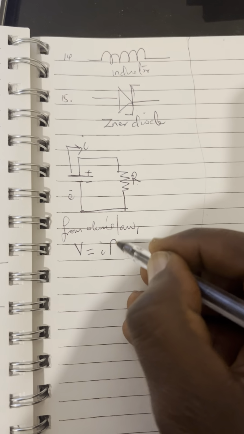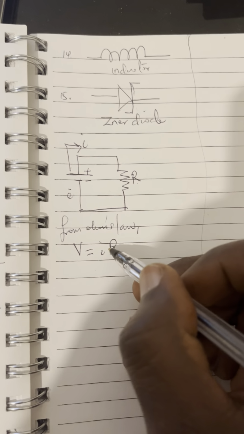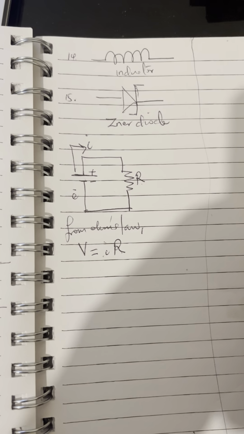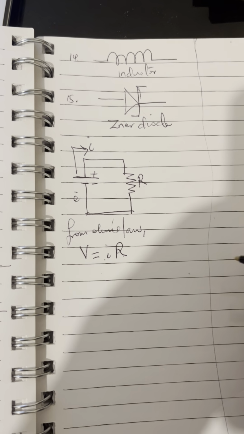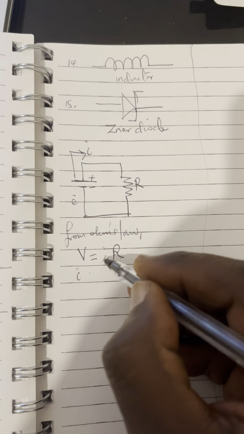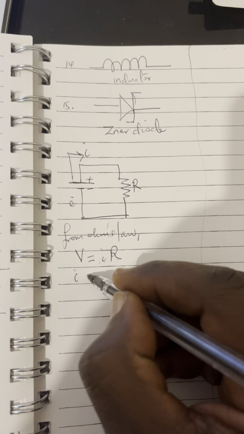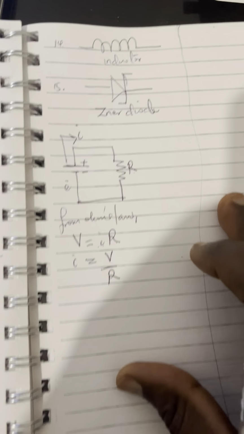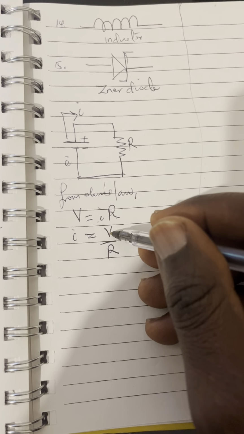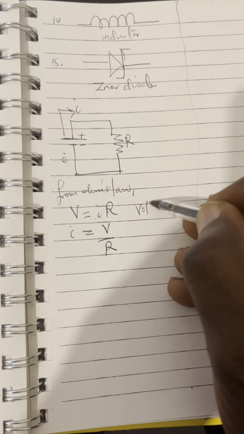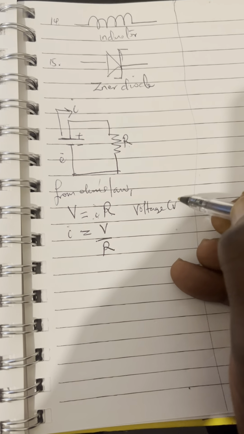I times R. That is, the product of I times R. So that means the current I is equal to V over what? Over R. Now the voltage is measured in what? In volts.